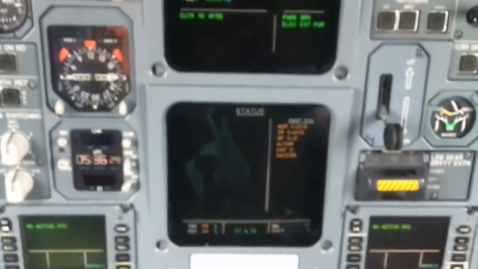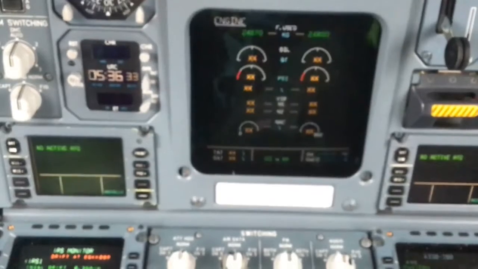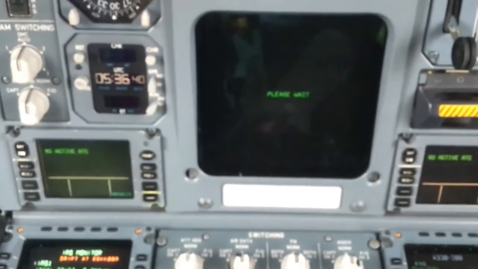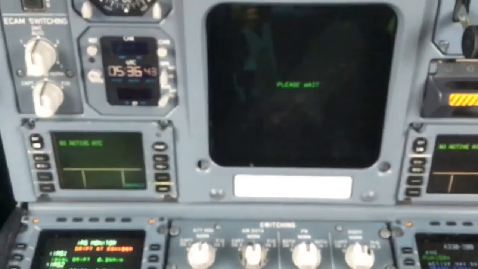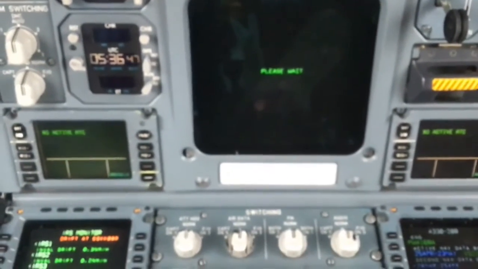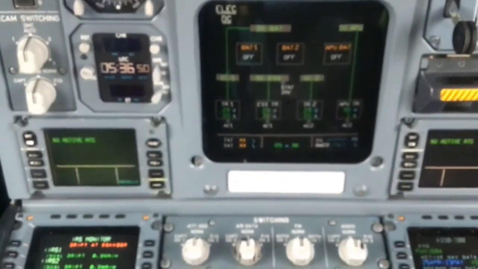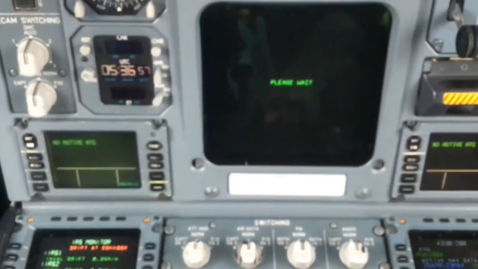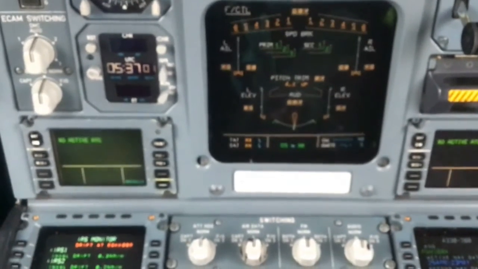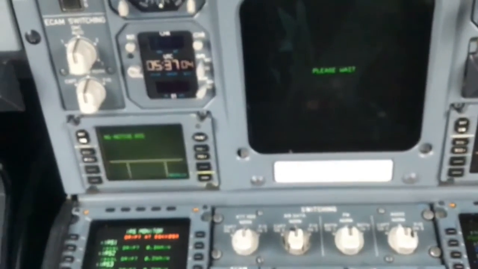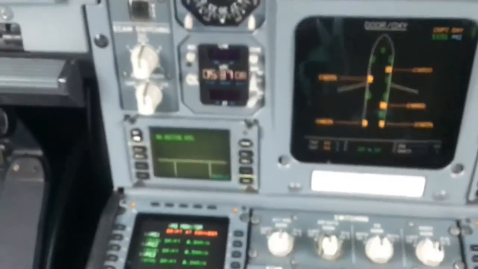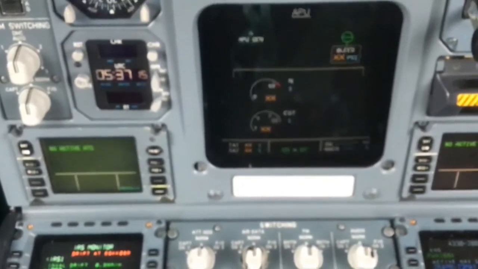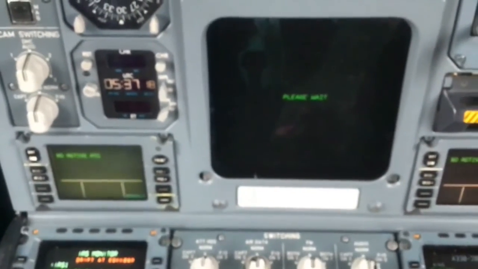Similar synoptics, we've got the status page on the lower ECAM with the secondary engine indications, the pneumatic bleed, the cabin pressure, the electrical AC, electrical DC, hydraulic systems, fuel, flying control positions, doors page, air conditioning system, APU, status page.